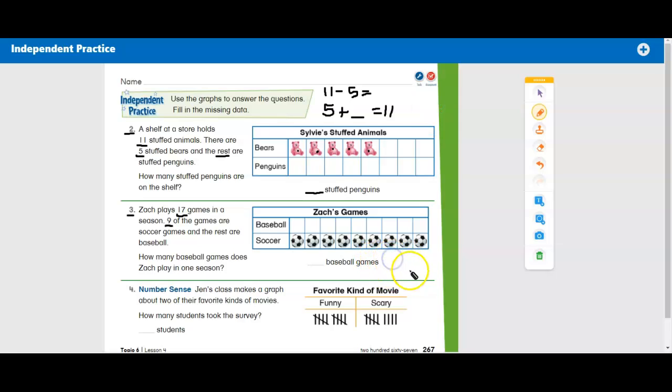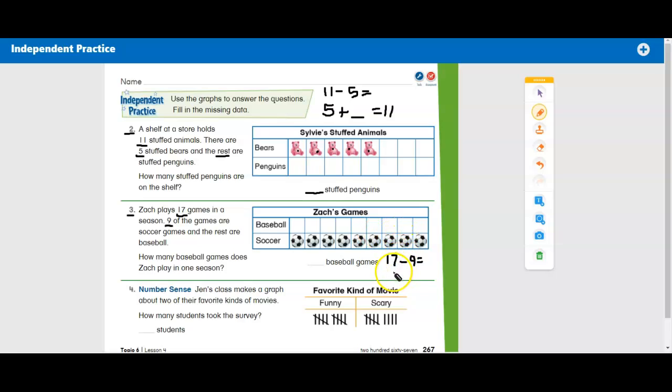And I don't have a lot of workspace on my screen, but I can show it here. So if you would like, you could subtract and say, I know there are 17 games total. 9 of them are soccer. And find your answer here. And your answer would be how many baseball games there were.